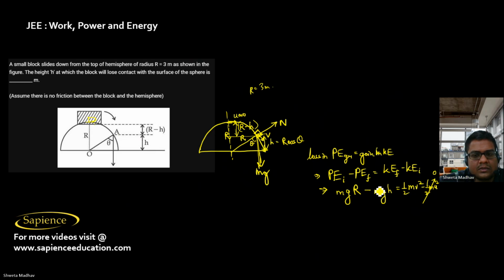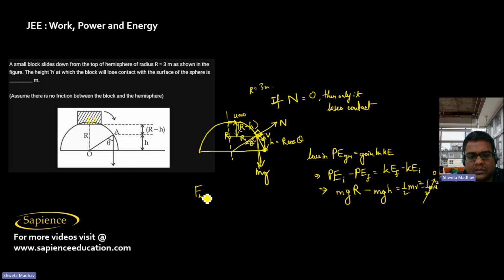So the height at which it will lose contact, it is losing contact means the normal reaction should be 0. If the normal reaction exerted is 0, then only it loses contact. So here we can see that the net force towards center will be equal to mass into centripetal acceleration.